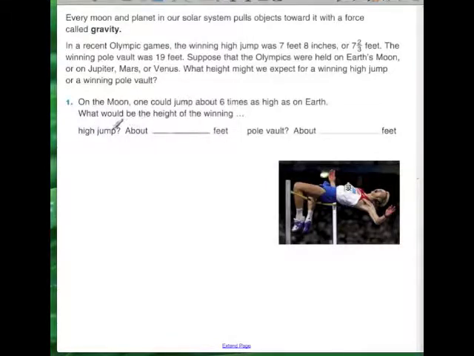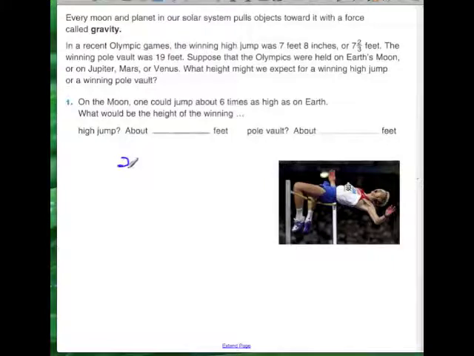So first, we know that the winning high jump on Earth was 7 2/3 feet. So we need to take that times 6 because it is 6 times as high as that on Earth. So we always know when we're multiplying mixed numbers that we convert them into improper fractions first. So we take 3 times 7, which is 21, plus 2 gives us 23.